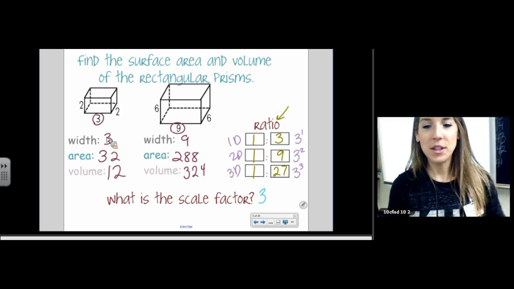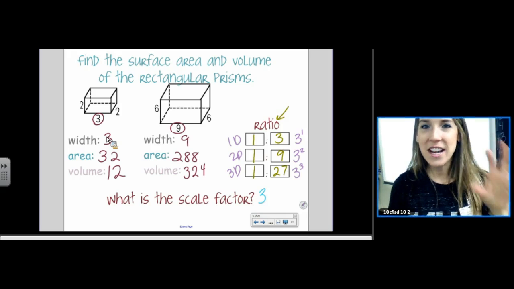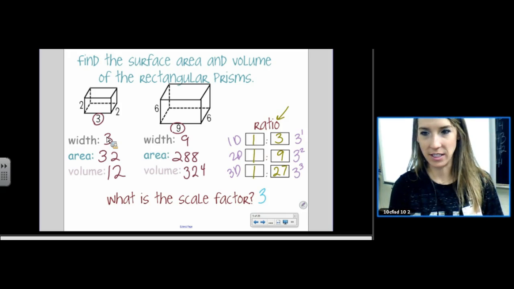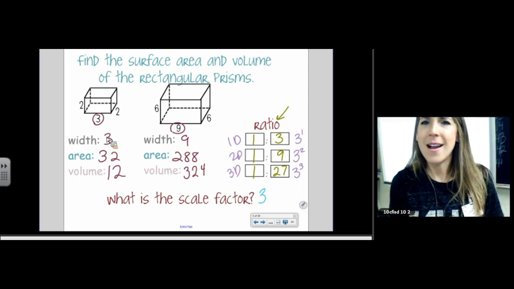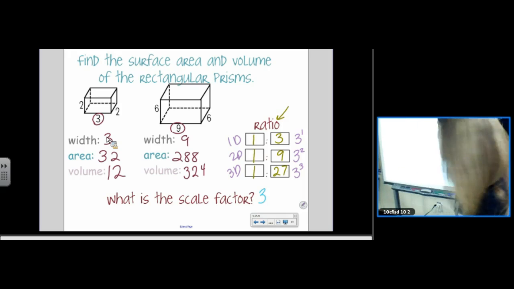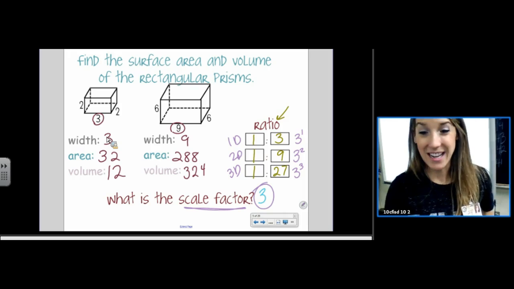Cool, huh? The dimension matches the exponent. If it's 1D, the exponent is 1. If it's 2D, the exponent is 2. And if it's 3D, the exponent is 3. Now, what are you raising to this exponent? You're raising the scale factor to whatever exponent you need.